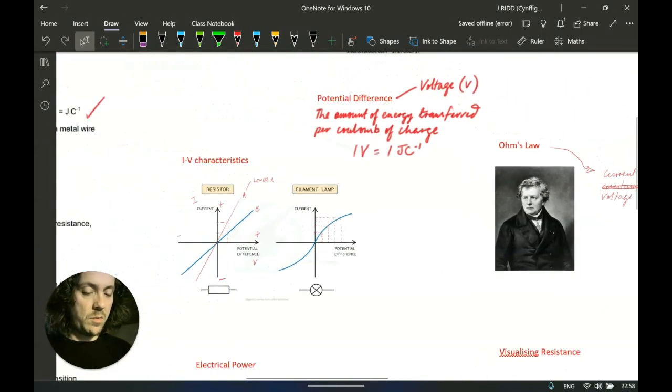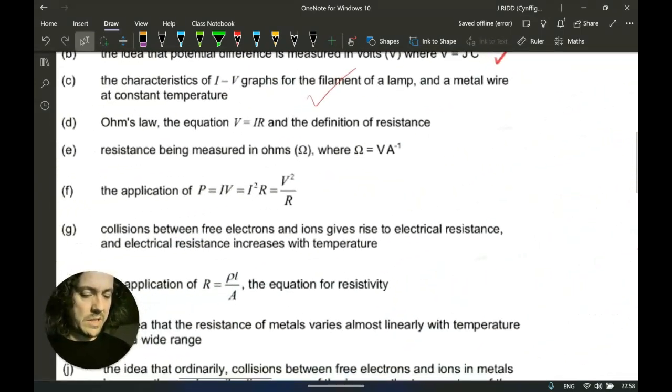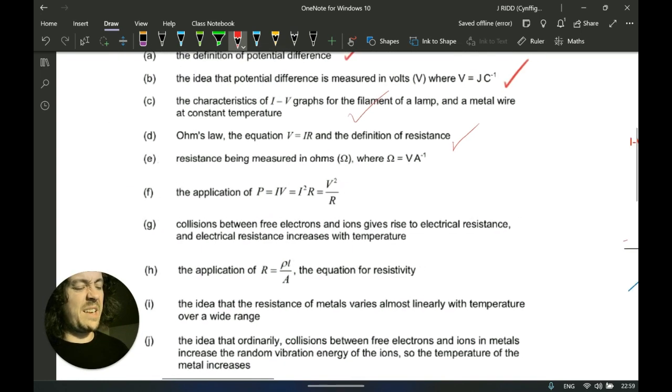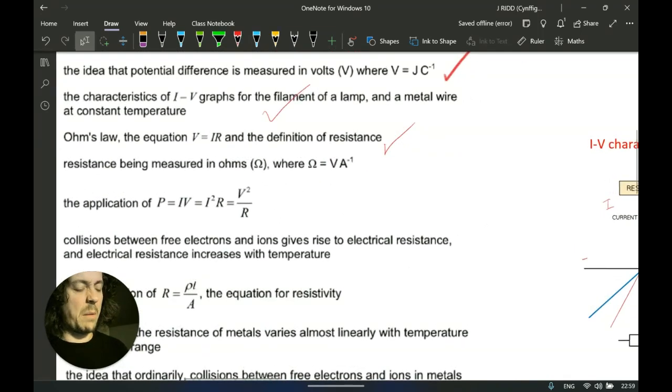So let's see how we've done with that one now, in case we've missed anything off. Ohm's law, the equation V equals IR, and the definition of resistance. I'll say that's done. We'll give that a little tickaroony. Now, resistance is measured in ohms, where the ohm is a volt per amp.